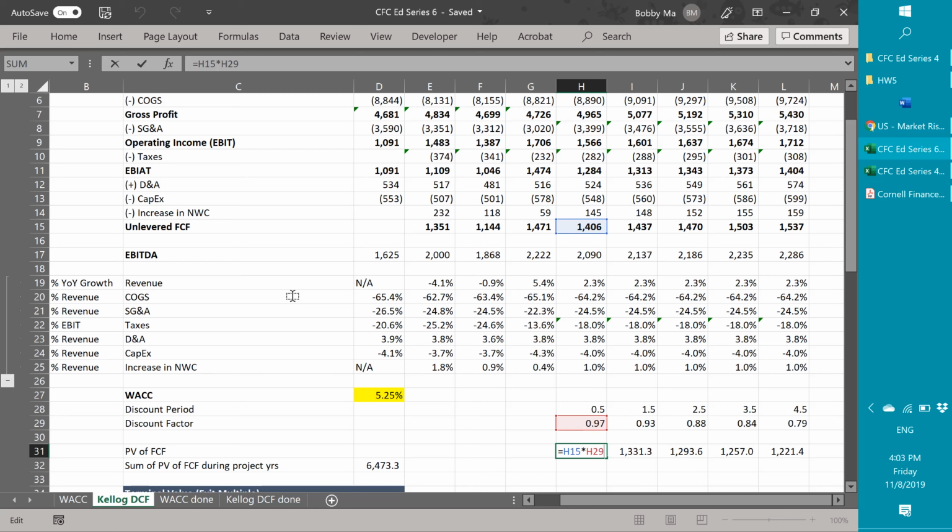So our cash flow every year, CF at time T. So our 1406 is the cash flow at time T. And then we're multiplying this by 1 over 1 plus WACC to the power of T. So this whole thing is your 0.97.